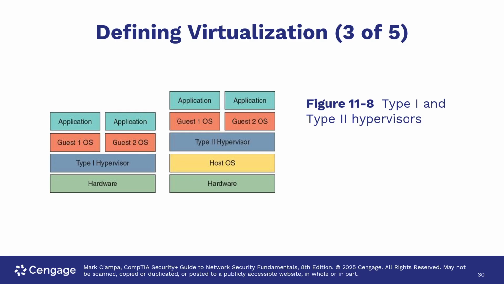Okay, and then you see the type 2, you have the hardware, you have the host operating system on that computer, then you load the type 2 hypervisor, and now you can run guest operating system 1, guest operating system 2. The functionality can be the same. It's no different really, it's just how the resources are being used.